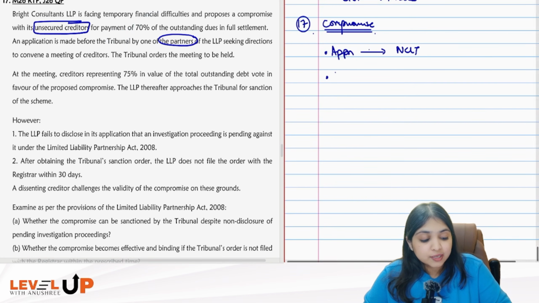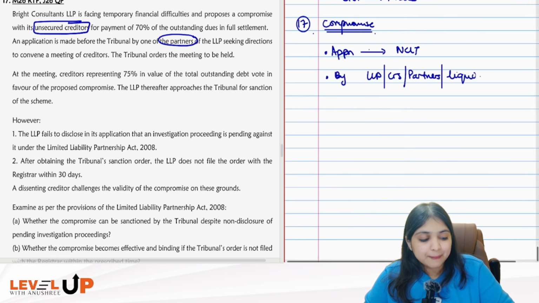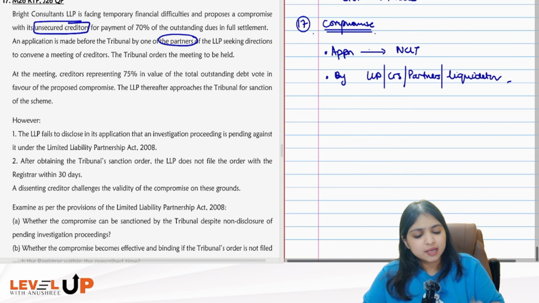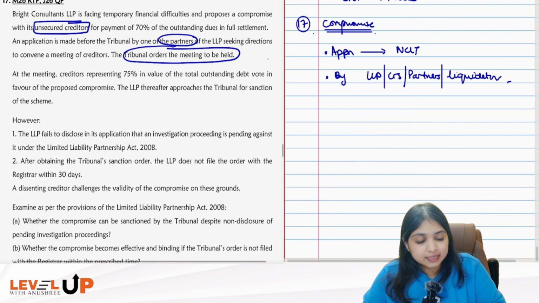Then this application has to be made by whom? Either by the LLP or by the creditors or by the partners, or if the LLP is in the liquidation process, then the application will be made by the liquidator. Here the application is made by the partners. Even this is proper. So till here everything is fine. The tribunal orders the meeting to be held.